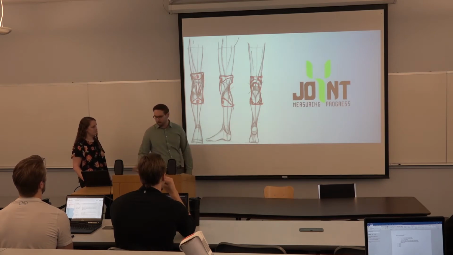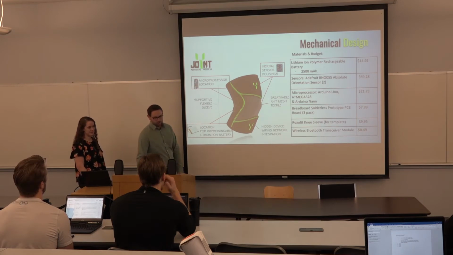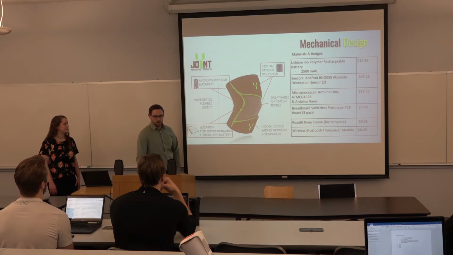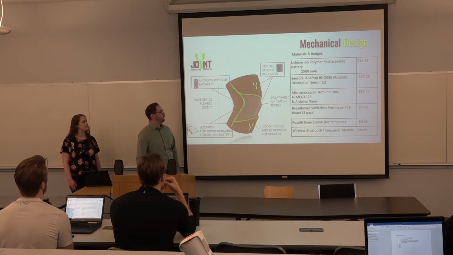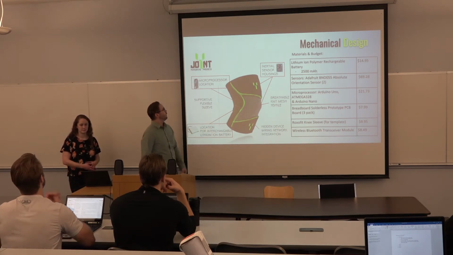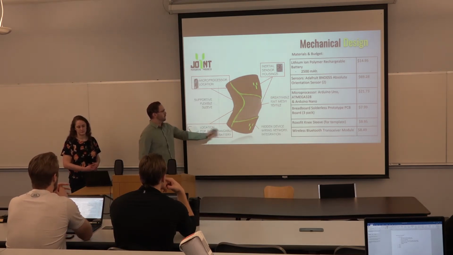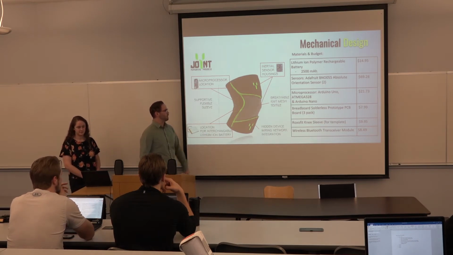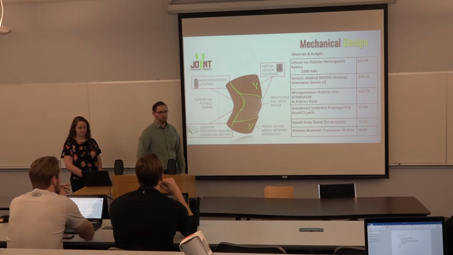Joint is a sensor-integrated wearable sleeve used for monitoring knee joint movement, using two inertial sensors, both above and below the knee joint, and a microprocessor, as well as some other circuitry. We will hopefully be able to monitor the movement that we're desiring to monitor.